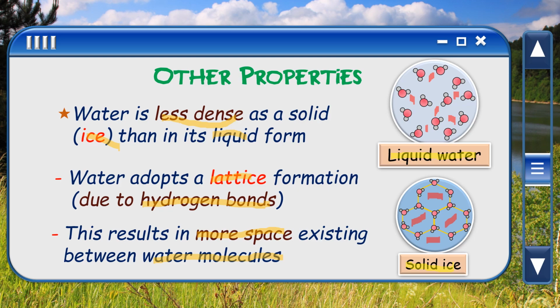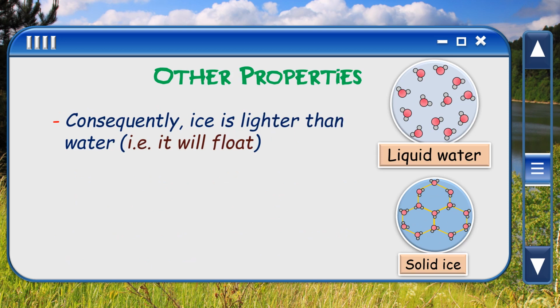When they are closely packed together, liquid water becomes more dense compared to ice. Consequently, ice is lighter than water. That's why ice floats on water.